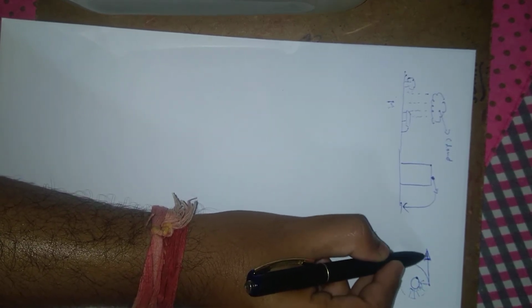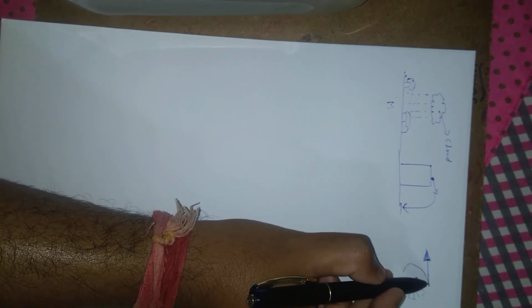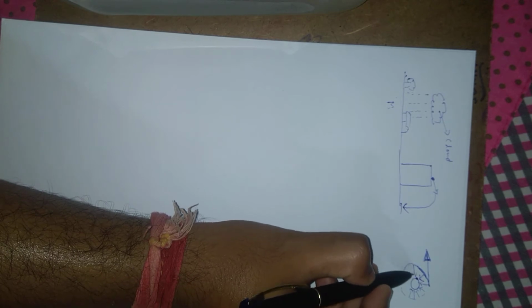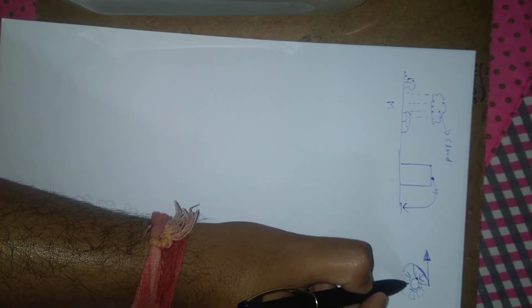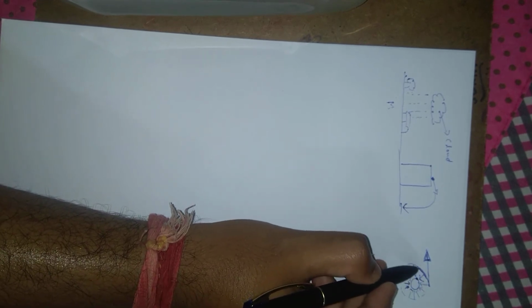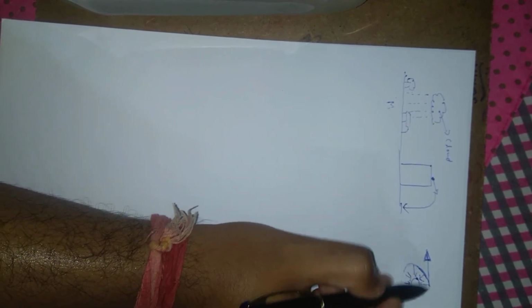It would have moved in a straight line, but it is moving in a circular trajectory because the earth is always attracting the moon. Therefore it is always moving in a circular manner. Okay, so this is how we can explain various things by gravity.